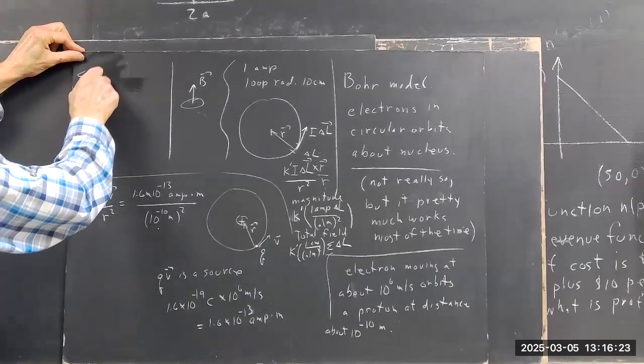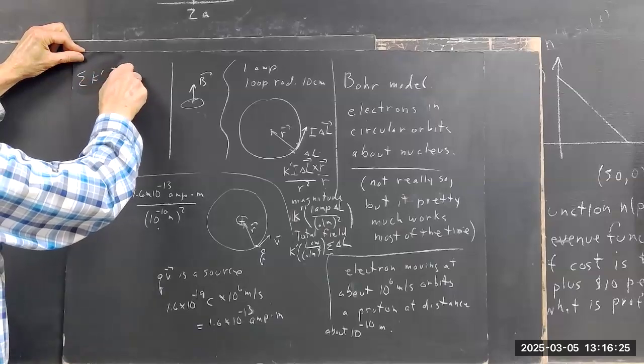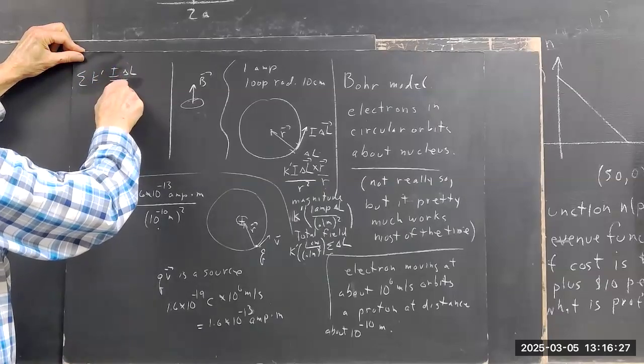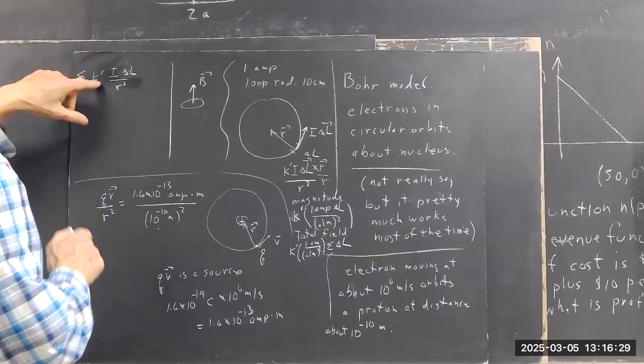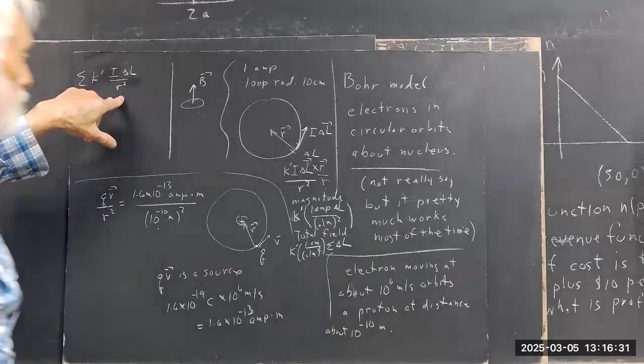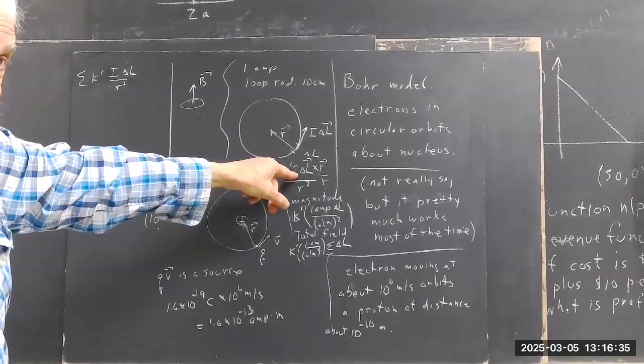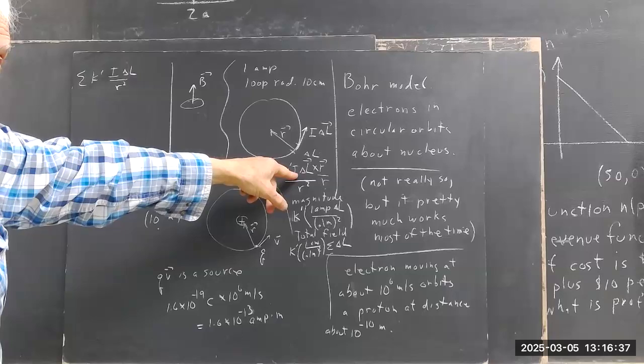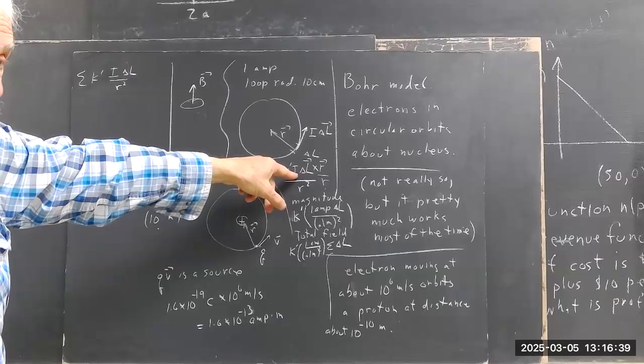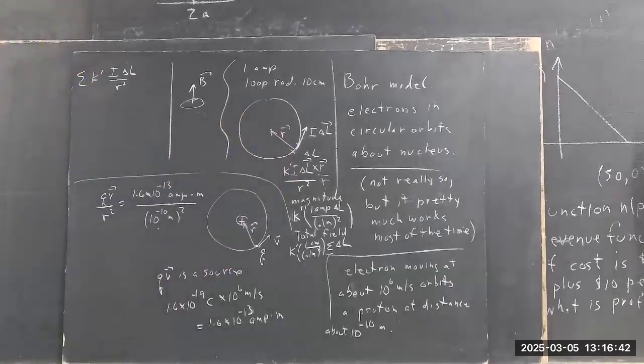This is the magnitude of the field you get at the center due to this delta L length increment.